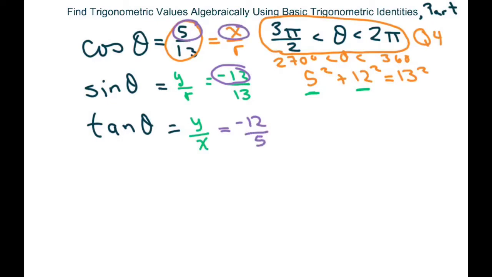Okay? Now what they mean by using basic trigonometric identities, what they want you to do is use sine squared plus cosine squared equals 1, or equals r squared.